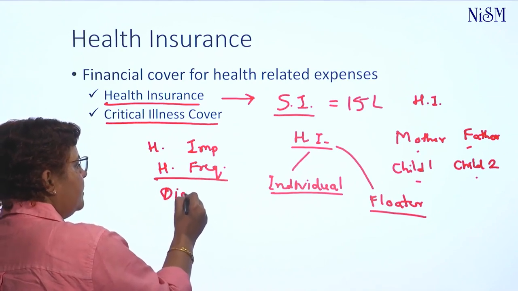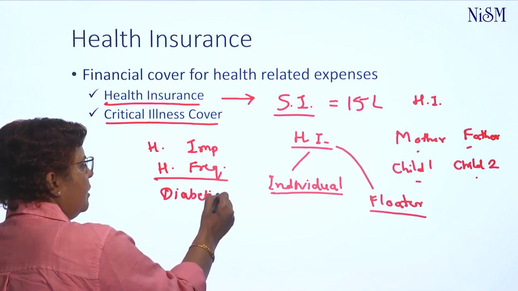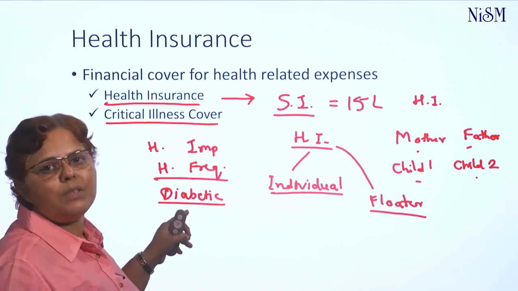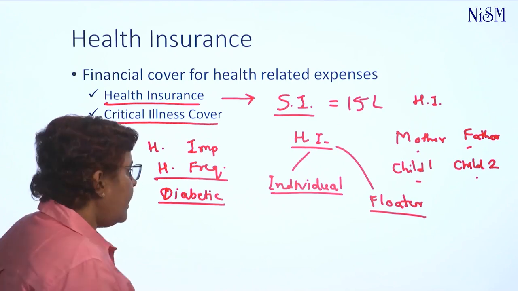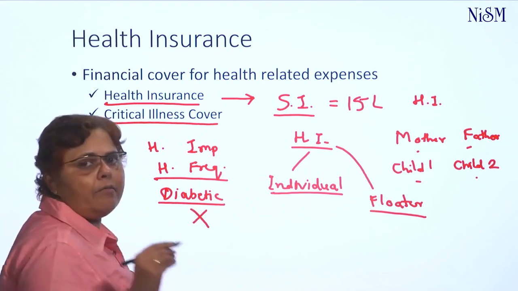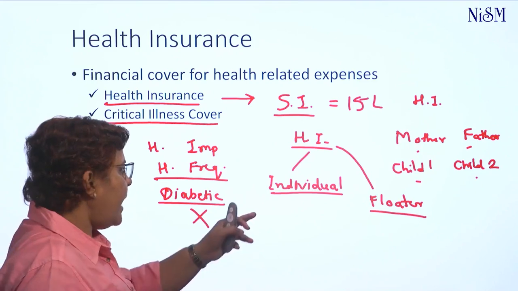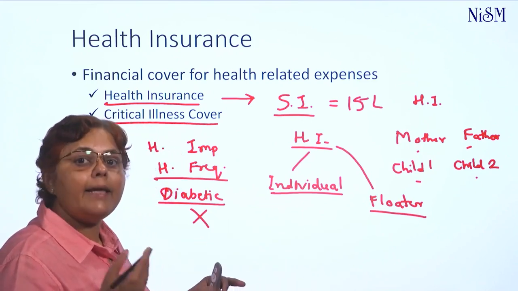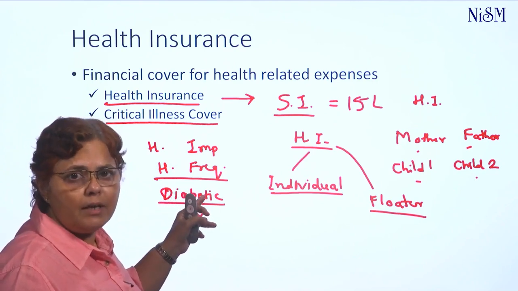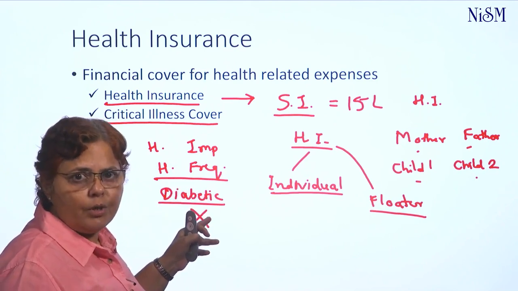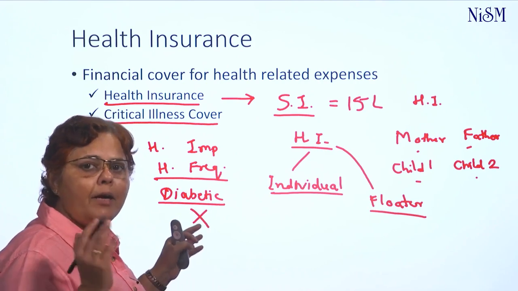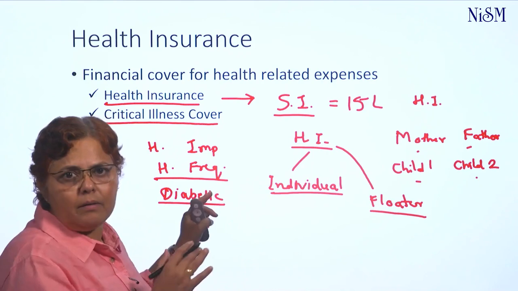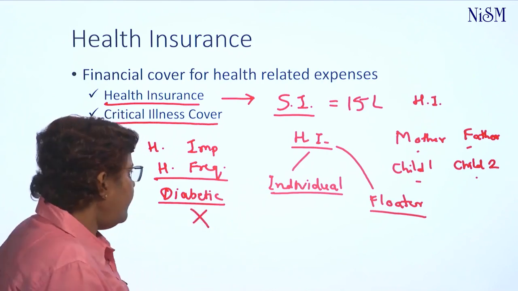There was one category which was high impact and high frequency, and one of the examples we saw was a diabetic person. A diabetic person will fall in the high impact, high frequency case for health insurance, and the insurance company will not give him the insurance. And as you age, because of our lifestyle, there are likely to be such problems in our life as diabetes. So, if one waits, thinking I have my company cover and I will retire at the age of 60 and then buy my private health insurance cover, it might be too late.